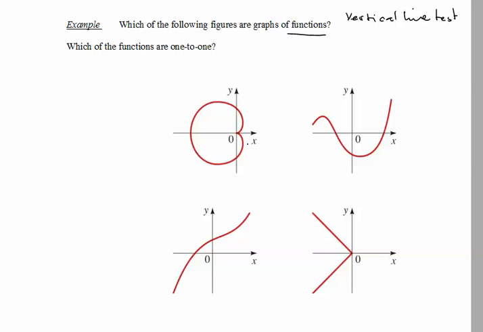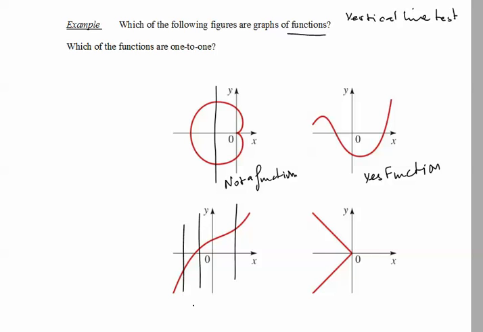So first of all, let's see if they are functions or not. This is not a function because x has two values for y. This is a review from the previous section. And this one here, it is a function. Yes, function. And this one also is a function because the vertical line test passes, so yes, function.